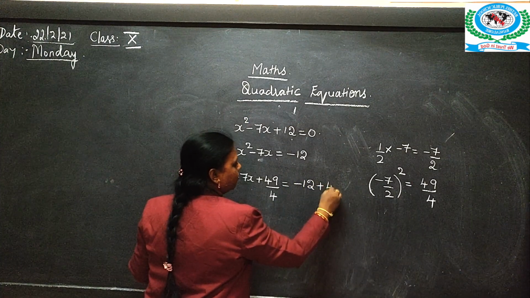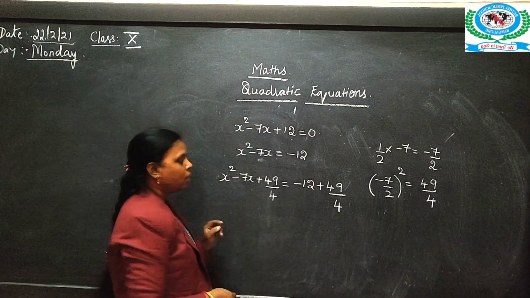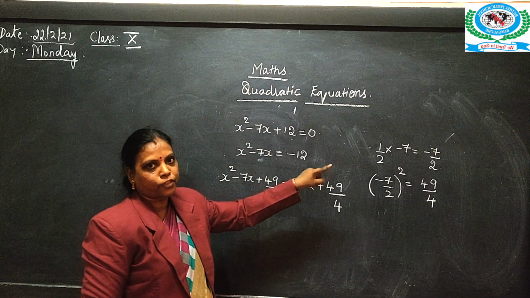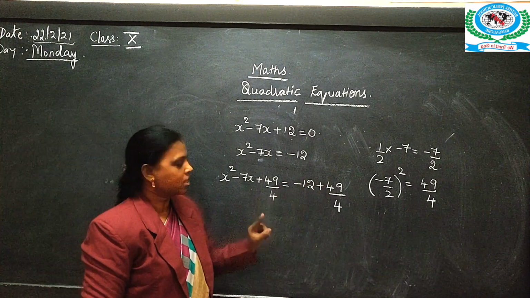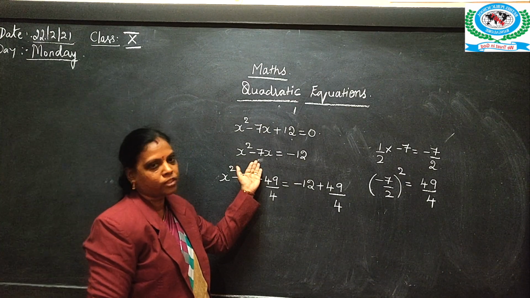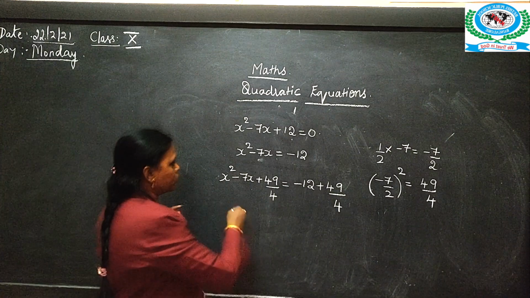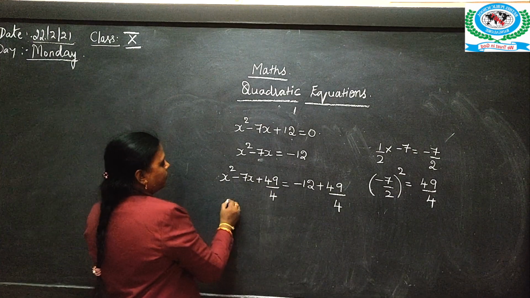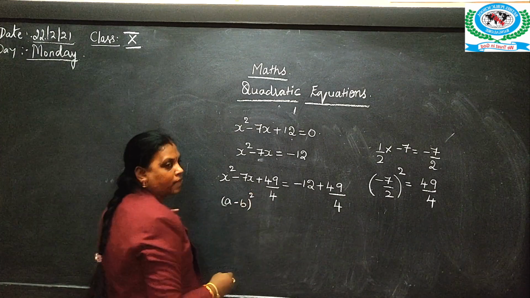plus 49 by 4. So what I have done? I have half the coefficient of x. I have squared it and I have added both the side. So 49 by 4 to the left hand side also I have added, to the right hand side also I have added. So this is of the form a minus b the whole square.